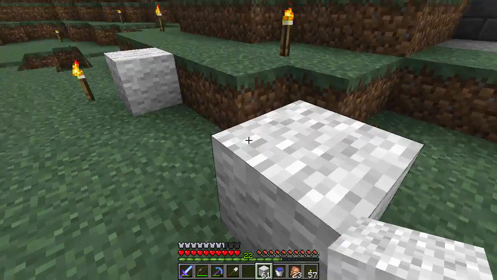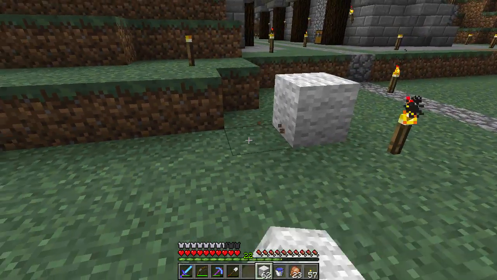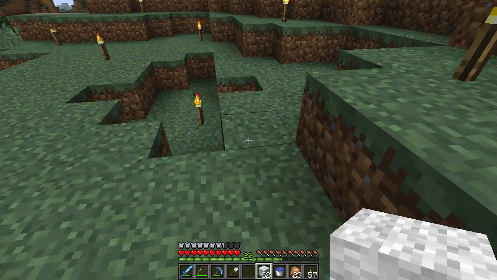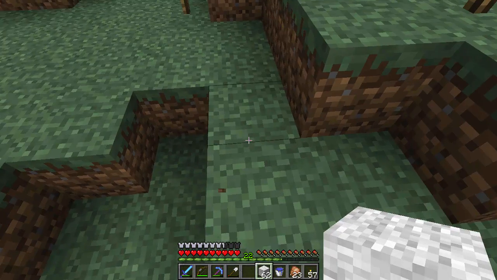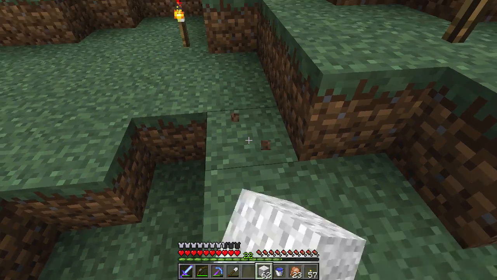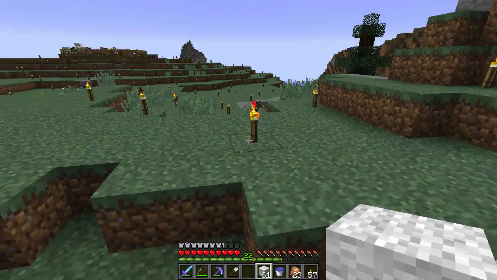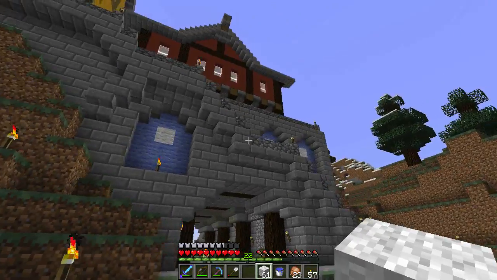So if we say 1 corner is there, and then 1, 2, 3, 4, 5, 6, 7, 8, 9, 10, 11, 12, 13, 14, 15. So we could tuck one that's 15 long in here.